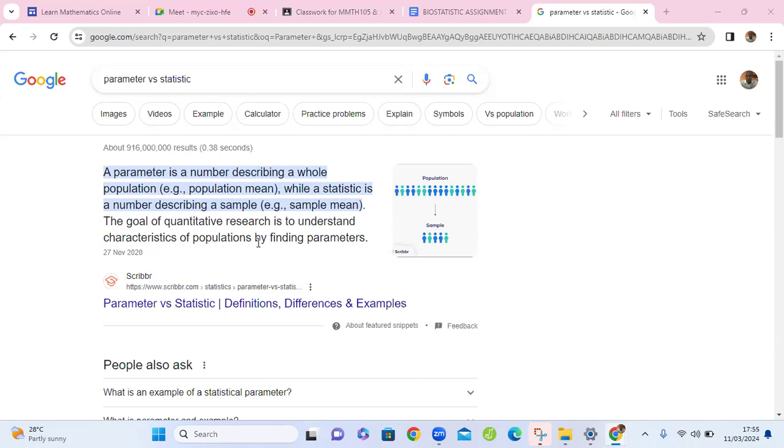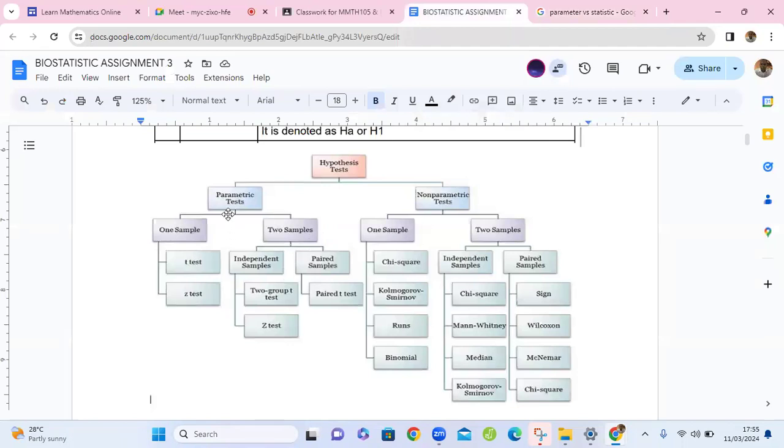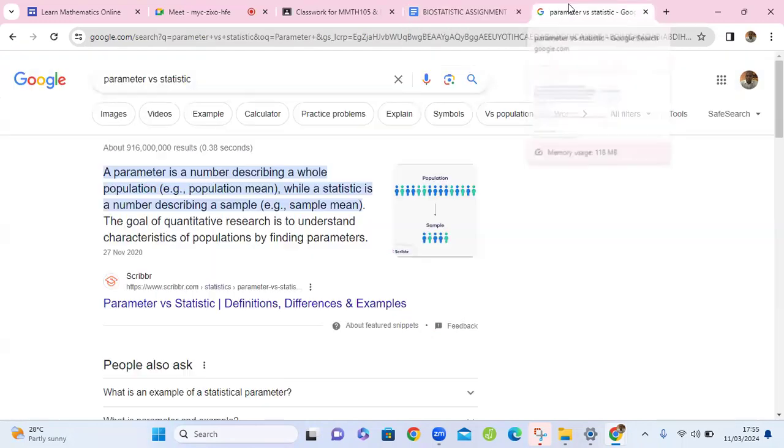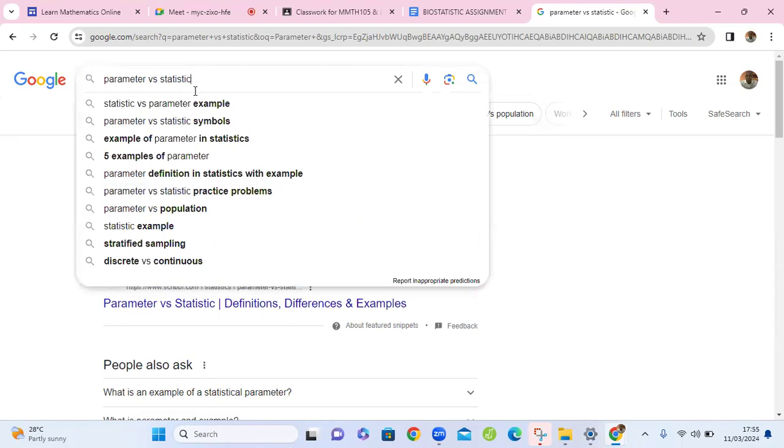So once you hear the word parameter, you have to think of a number describing the whole population. So here we have the parametric test. This test involves numbers describing the whole population, numbers like the mean, the median, the mode. We can even look up in Google examples of parameters.